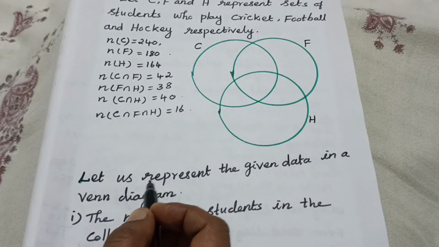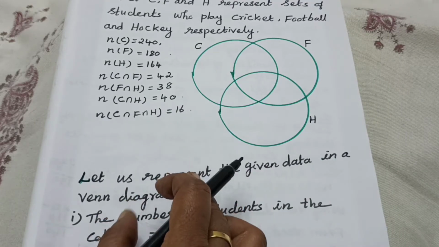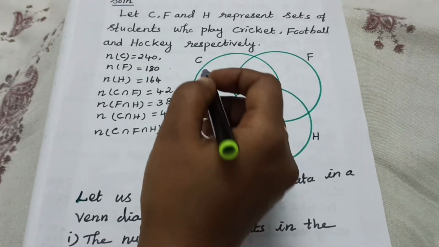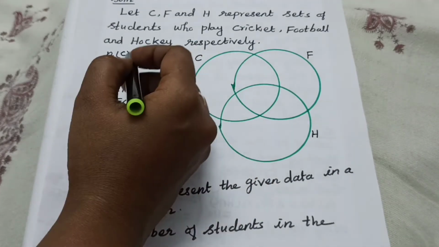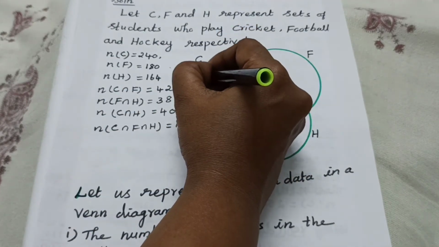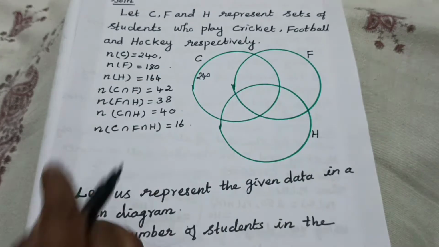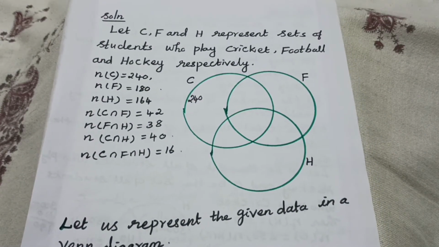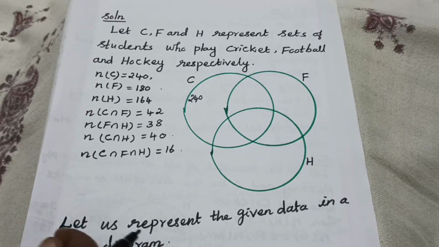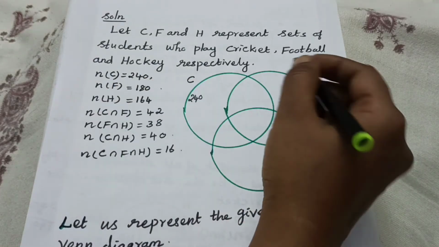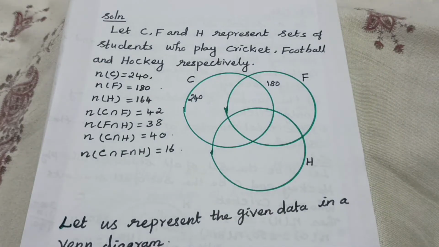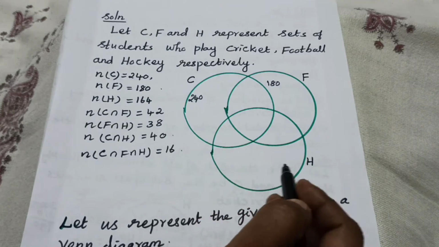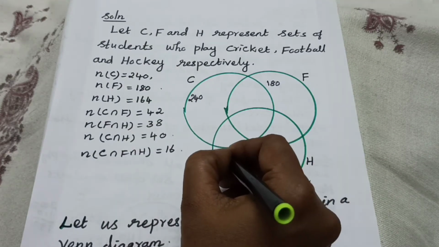Then let us represent the given data in the Venn diagram. Here n of C is 240, we mark 240. n of F is 180. n of H is 164.